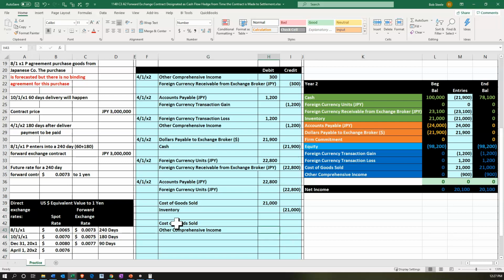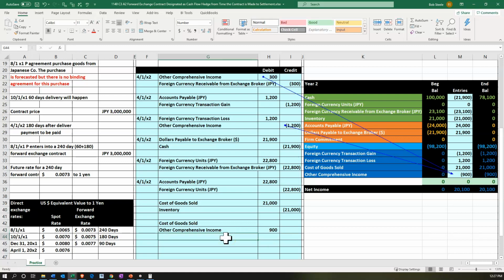I could just type in the 900, but I want to recalculate it so that when you're looking at the Excel worksheet you'll be able to see it. So that's going to be this plus this. So there we have that. I'm going to make it a positive number, so I'm going to put brackets around it. So that's going to be that one.